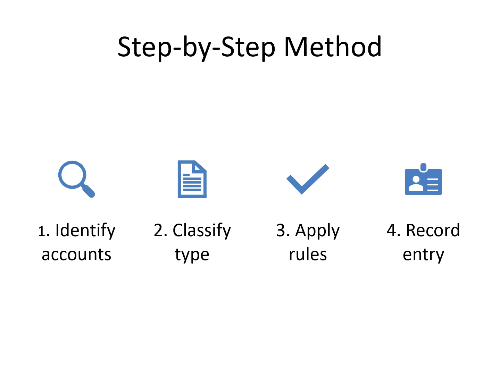Step 2 is to classify them, that is, as personal, real, or nominal. Step 3 is to apply the rule, and step 4 is to write the journal entry. That is it. Simple system, no confusion.